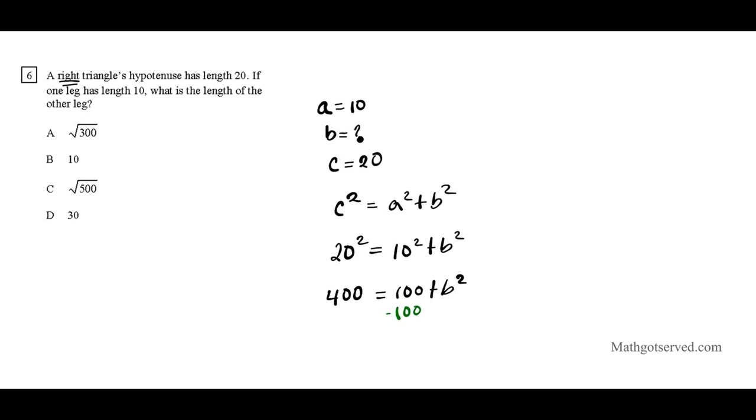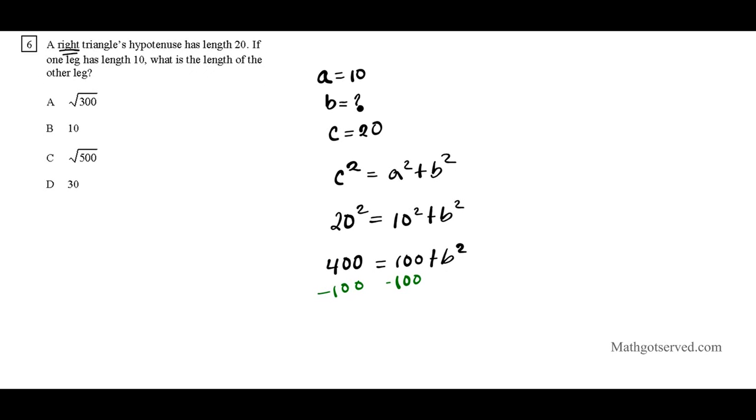Using the reflexive property of equality, we can rewrite this as b squared equals 400 minus 100, which is 300. Now to get b by itself, we simply take the square root of both sides, and then we'll have b equals the square root of 300. So the answer for number 6 is option A. All right, let's move on to the next question.